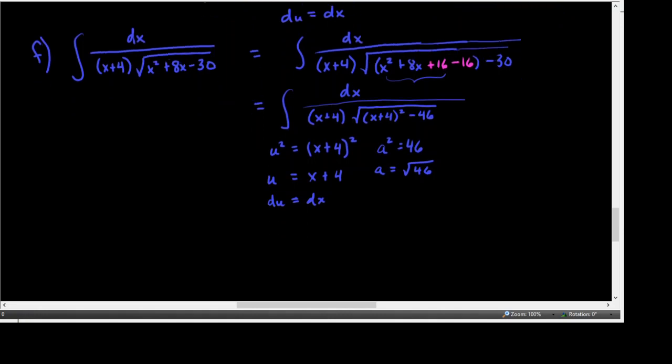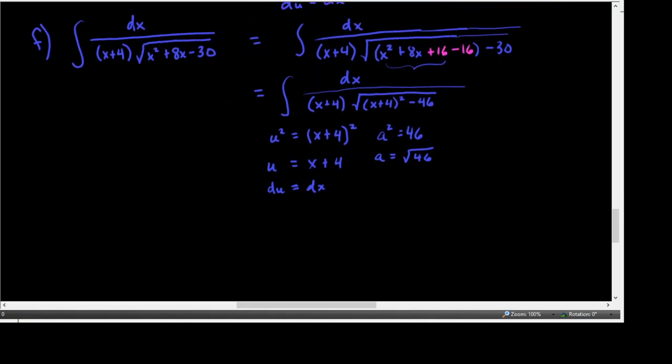So we're all set to use number 20, and just go down here. This is now equal to 1 over a, 1 over the square root of 46, arcsecant, also known as secant inverse of the absolute value of u, so absolute value of x plus 4, and x plus 4 is not necessarily positive.